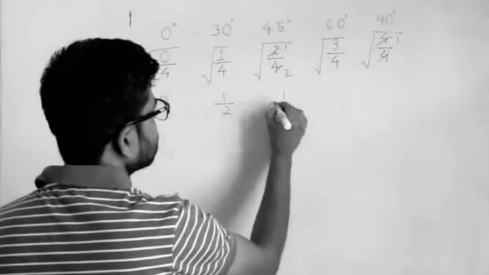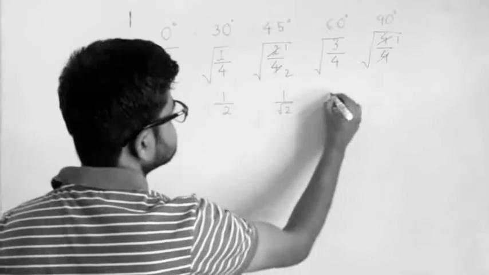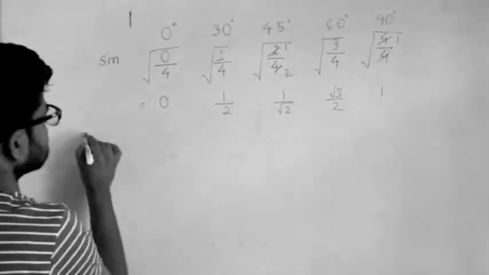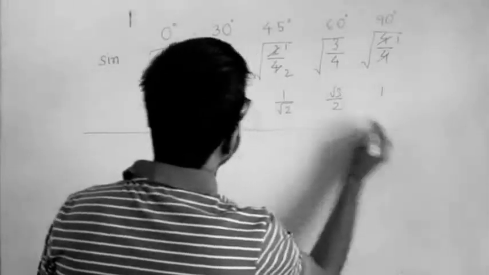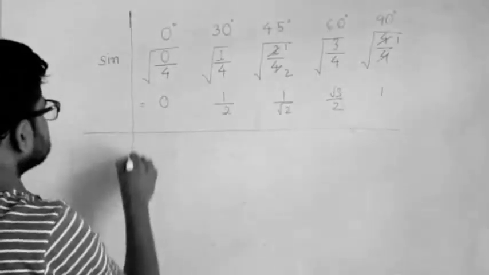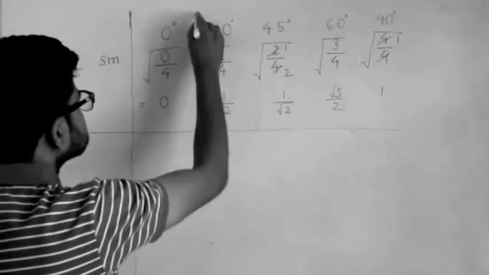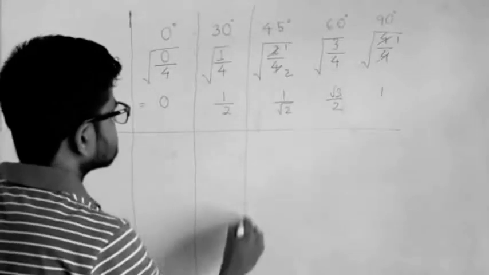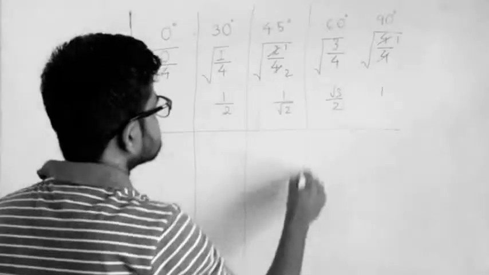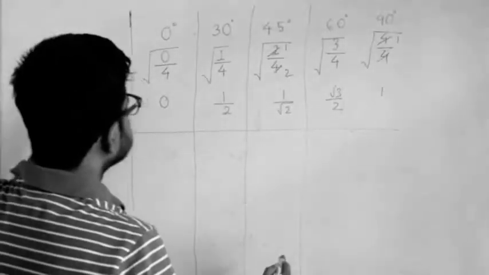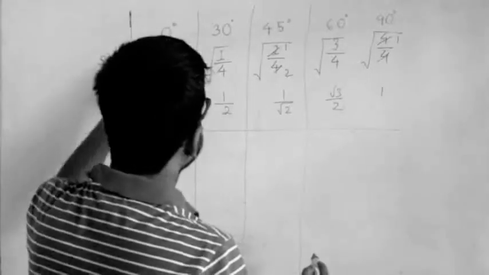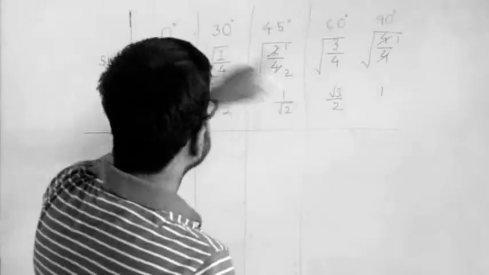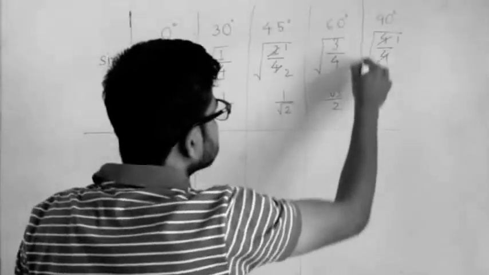This will be 1 by root 2, this will be root 3 by 2 and this will be 1. So sine of 0 is 0, sine of 30 is 1 by 2, sine of 45 is 1 by root 2, sine of 60 degree is root 3 by 2 and sine of 90 is 1.